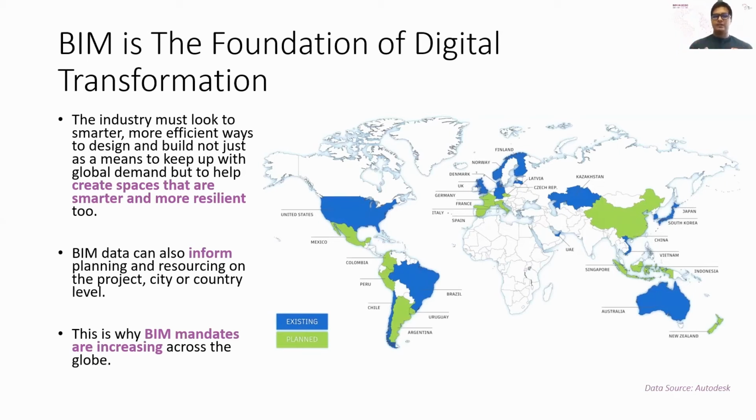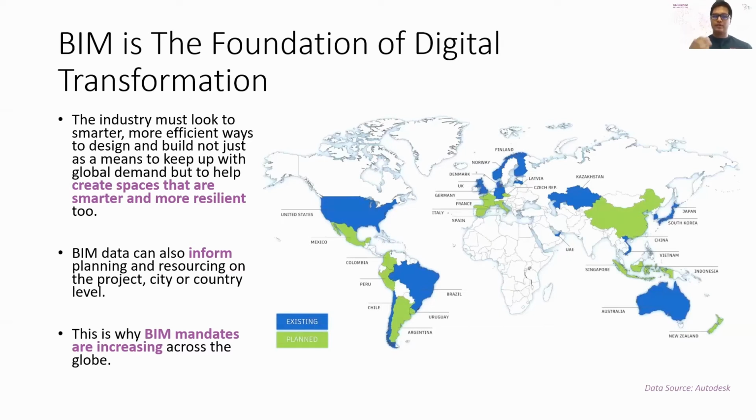Looking at our urban population and all of those stats that are putting pressure on resilient infrastructure, we need to create spaces that are smarter and more resilient. So, making the best of what you have. We're trying to minimize wastage, effectively use our resources and create sustainable infrastructure. Now, BIM data can inform the planning and resourcing of this.